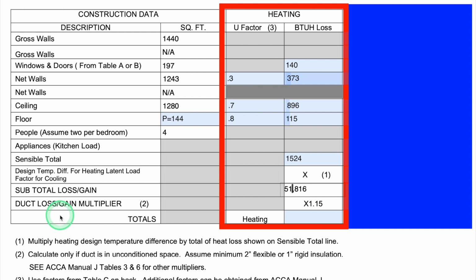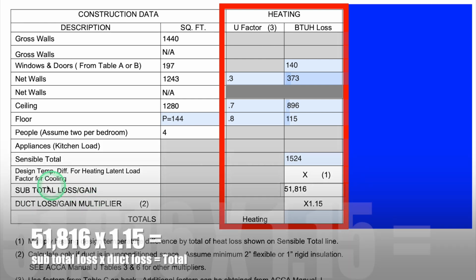But wait a minute, we have a duct loss multiplier. We're not using the gain. This is an either or. So we'll be using this multiplier for the cooling season. But for winter, we're losing heat. So here's our multiplier for the heat loss in our attic or our unconditioned space. So now we've got to times this 51,816 by 1.15.